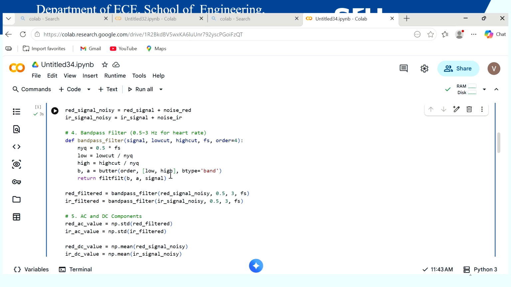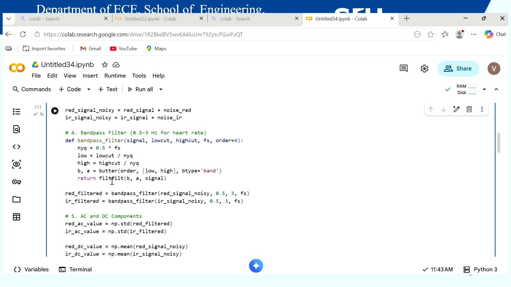So now order, low, high. The low value is already determined, the high value is already determined, and the Butterworth filter type is band pass, already adopted here.